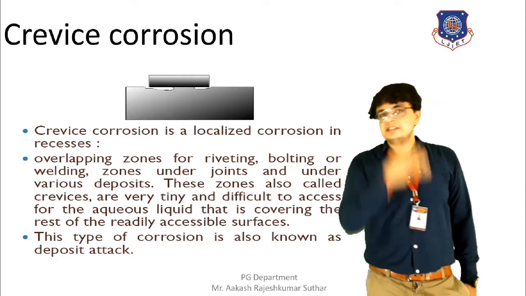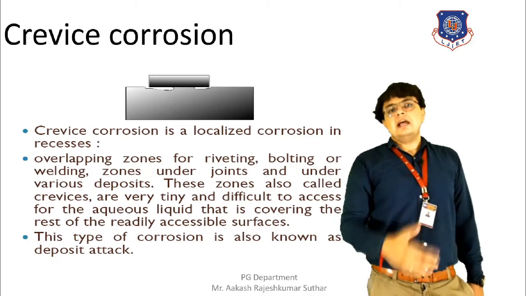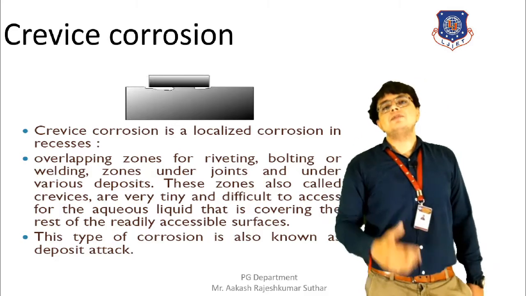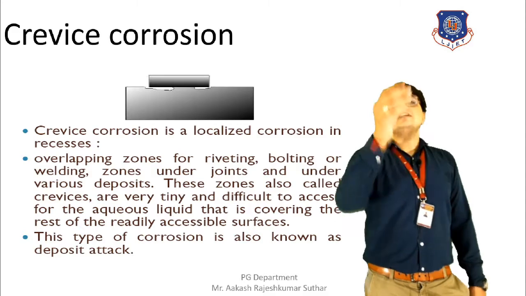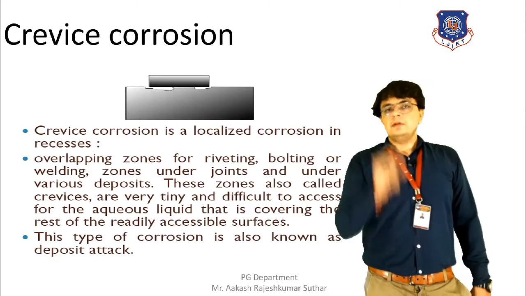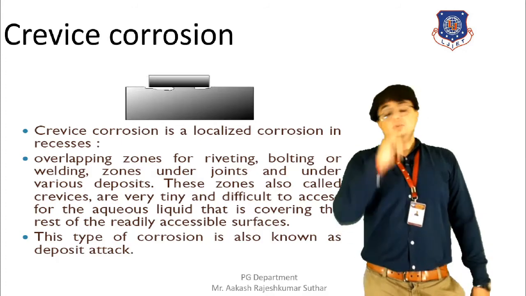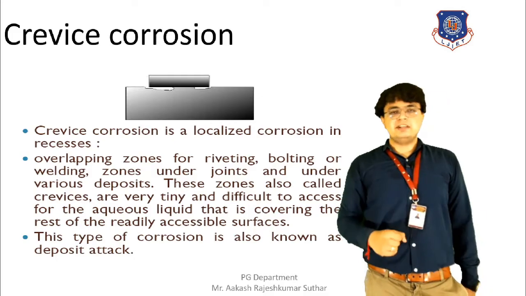And because of these different conditions, from the atmospheric point of view, from the electrolyte point of view, or the concentration of the electrolyte at particular locations, the corrosion will occur. So this is how the crevice affects the formation of corrosion. So this was the crevice corrosion.